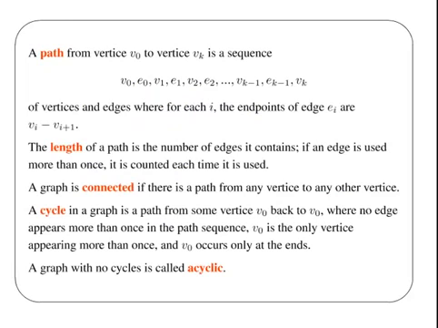Now, a path from vertex V0 to vertex Vk is a sequence of vertices and edges, where for each i, the endpoints of edge Ei are Vi-1 and Vi.